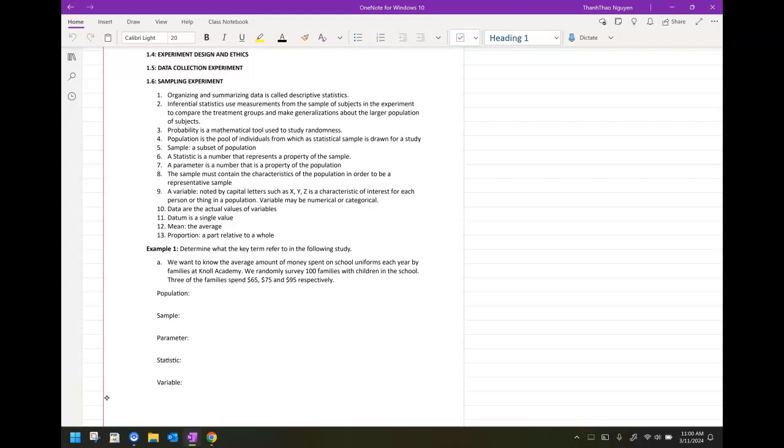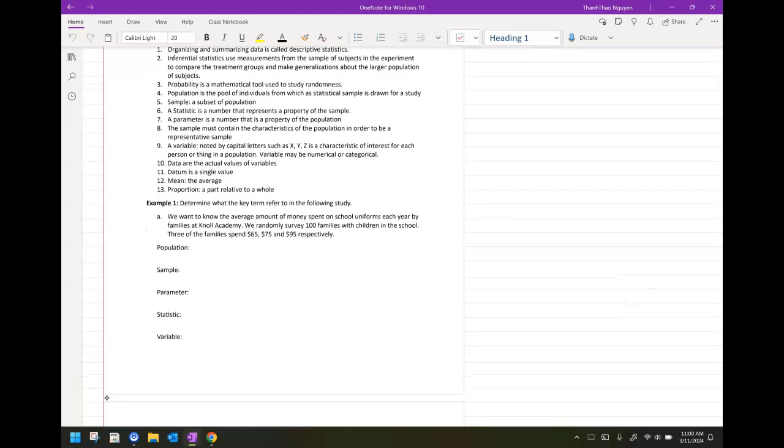For example, in part 1, determine what the key terms are in the following study. We want to know the average amount of money spent on school uniforms each year by families at the North Academy. We randomly surveyed 100 families with children in the school. Three of the families spent 65, 75, and 95 respectively.